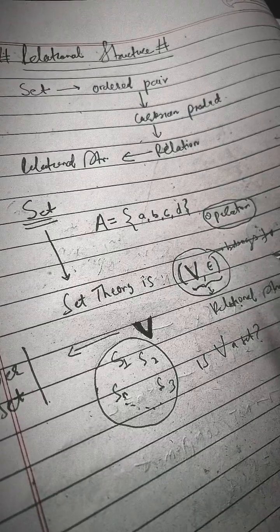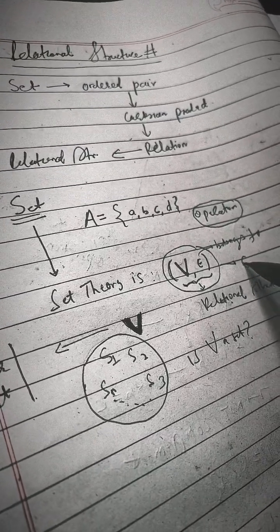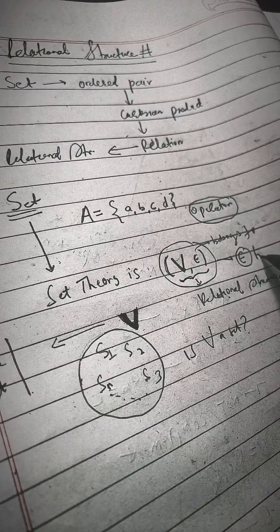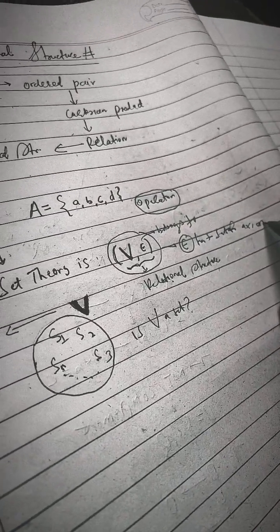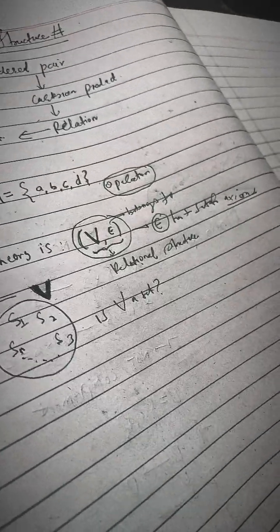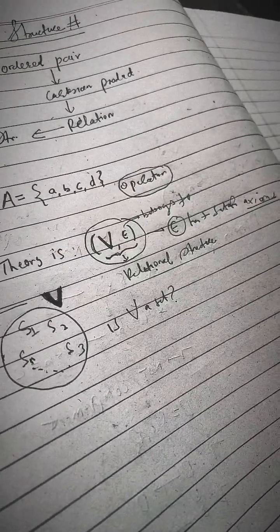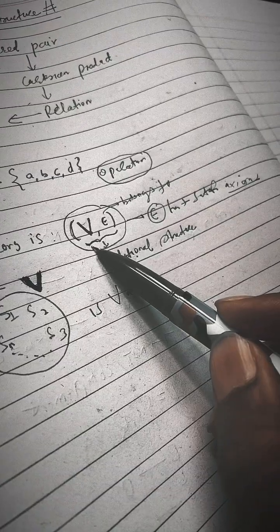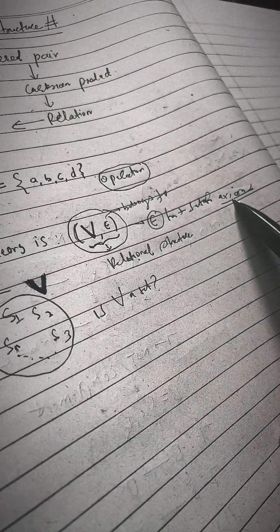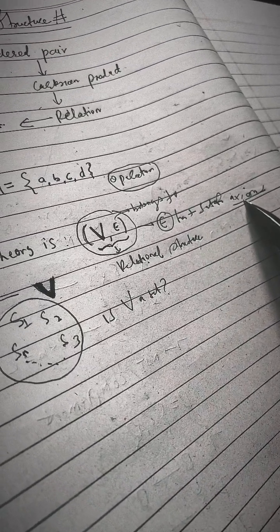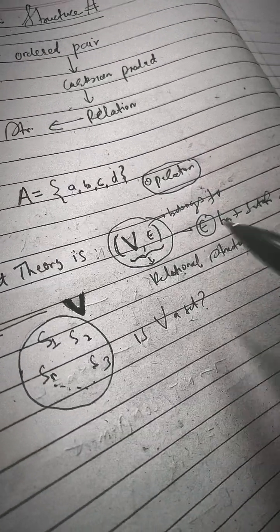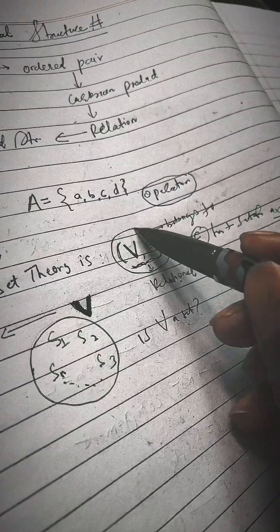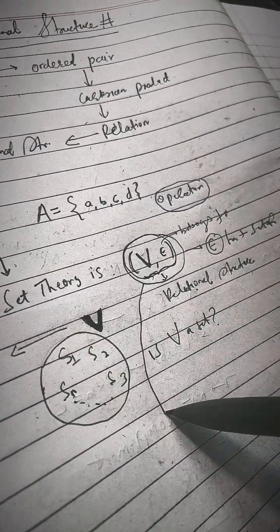Then belongs to has to satisfy axioms, and we know the usual axioms of set theory, the ZFC axioms. So this relational structure with these axioms becomes set theory. But this is a meta language.